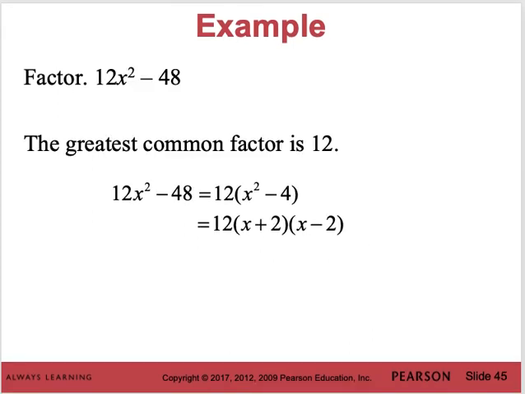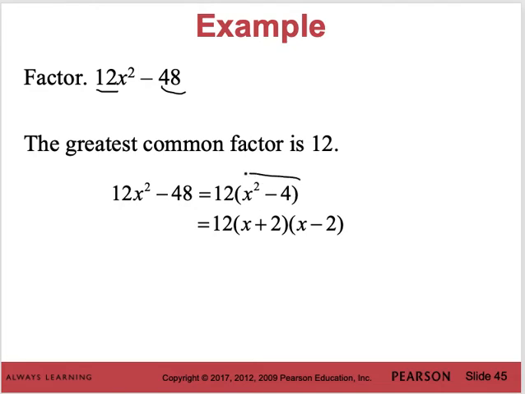Okay, we'll just go through 2 more examples for this section. 12x squared minus 48. Factor. First, greatest common factor. They're both divisible by 12. Pull out that 12. We're left with x squared minus 4.